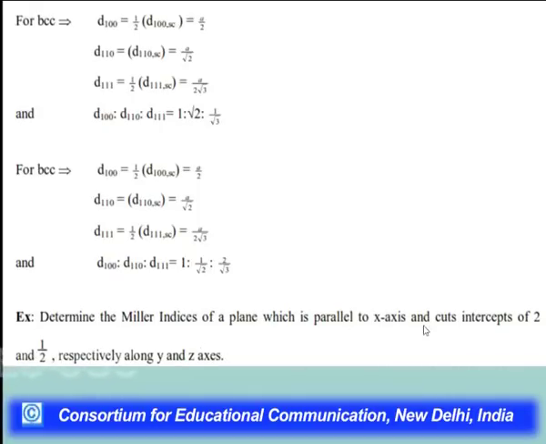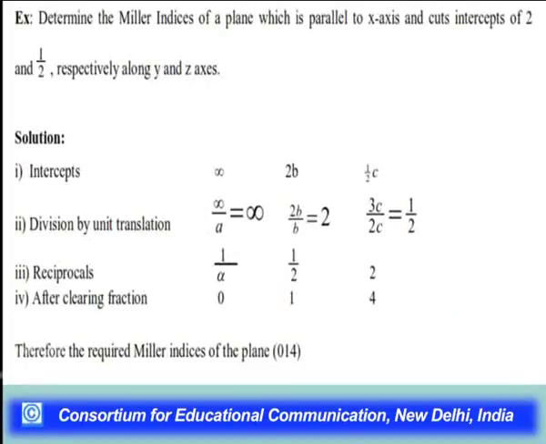Now we determine the Miller indices of a plane which is parallel to the x axis and cuts intercepts at 2 and 1 by 2 respectively along the y and z axes. Then we calculate the intercepts. As the x axis is not cut, we consider the plane parallel to the x axis, so we take infinity. The intercepts will be infinity, 2b and 1 by 2 c.